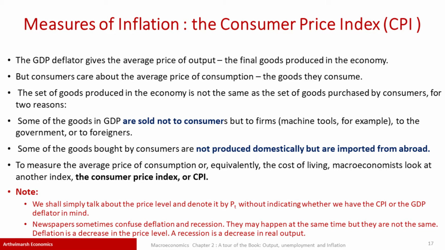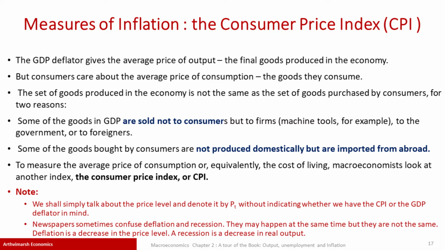Newspapers sometimes confuse deflation and recession. They may happen at the same time, but they are not the same. Deflation is a decrease in the price level, and a recession is a decrease in real output.